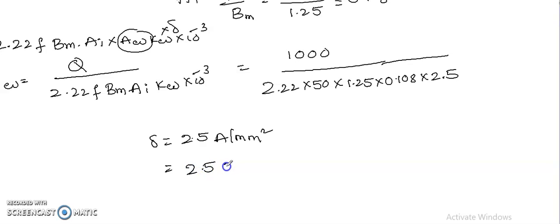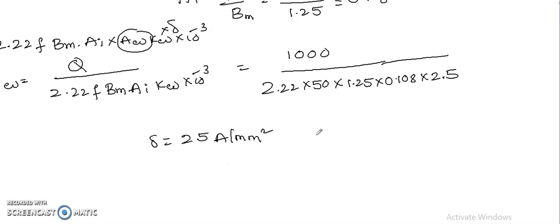2.5 into 10 to the power of 6 ampere per meter square. So how we have written like this? So how to write this one? I will repeat here.